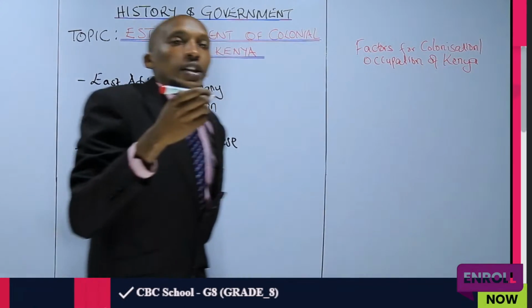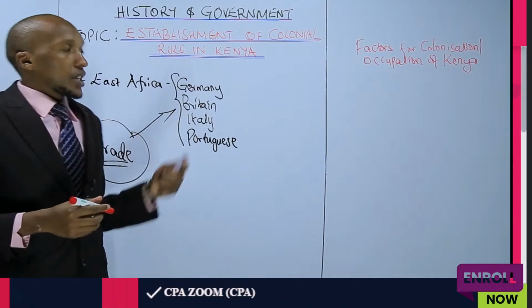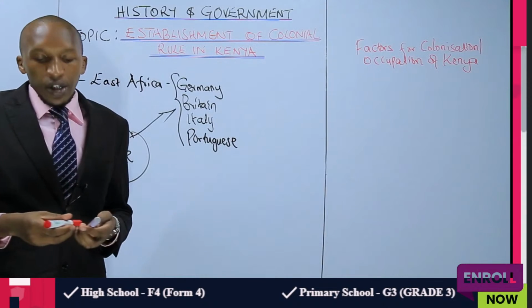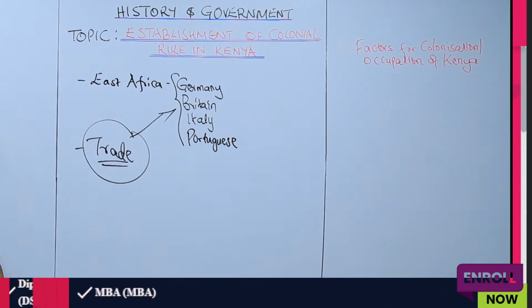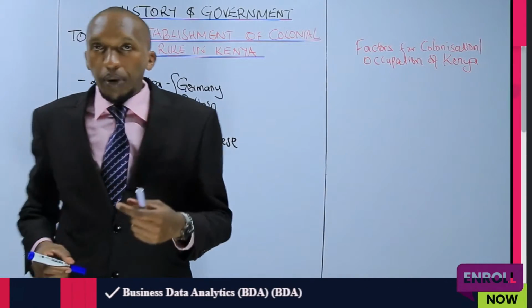Remember, I've mentioned that it was occupied by Britain. So what are these factors that encouraged or made it necessary for the British to come and occupy Kenya?